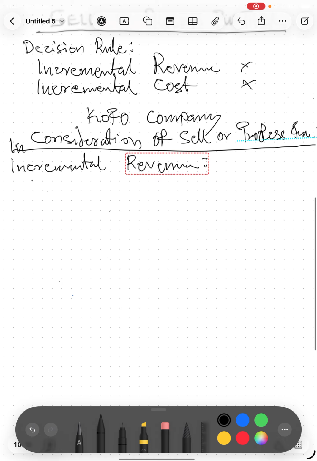First of all, let's look at the final sale level, because this is where we usually believe we expect the sales to be more. So it says sales at further processing.